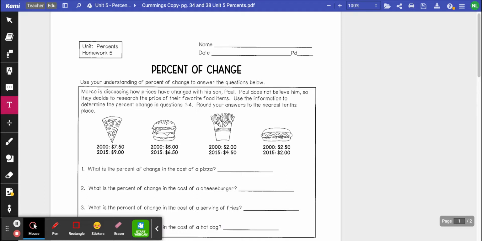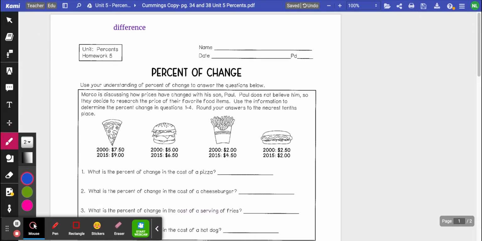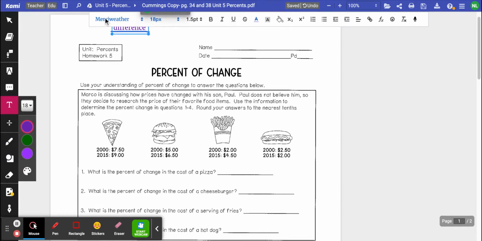You need to remember that in order to find percent change, you're doing the difference and you're dividing that by the original.